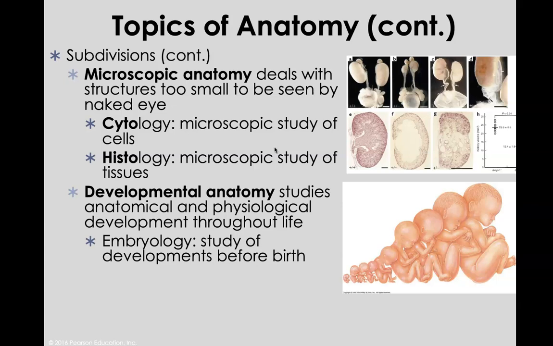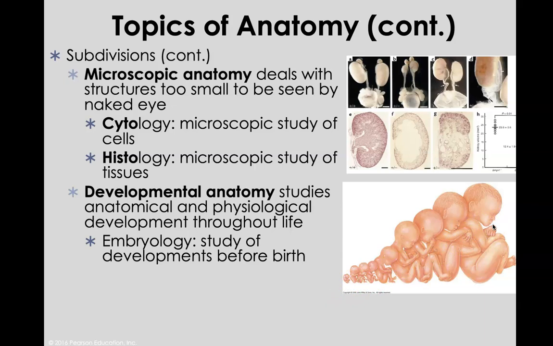And then we can also talk about developmental anatomy as our third subdivision. So we have the gross anatomy, macroscopic anatomy, as our first, microscopic anatomy as our second subdivision, and then the third subdivision is developmental anatomy, which is the study of the anatomical and physiological development that we have from an embryo and fetus on out to an adult.